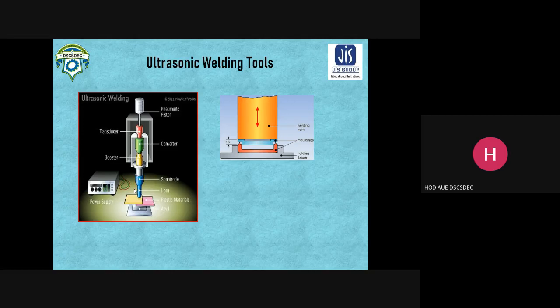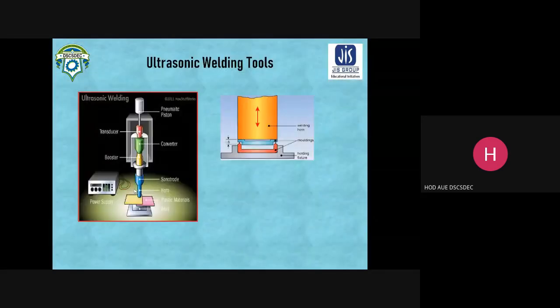Because of this high pressure vibration, the oxide layers go on dispersing, and there is a local motion of the materials. In the case of metal there is frictional heating, but it is not enough to melt the materials. So it is obvious that ultrasonic welding is a solid state welding process.